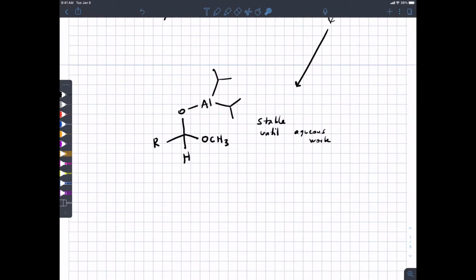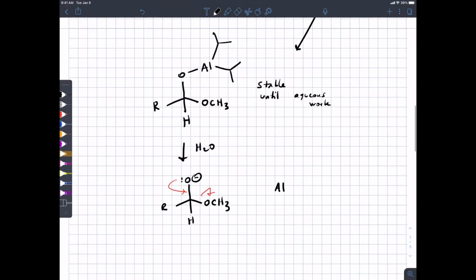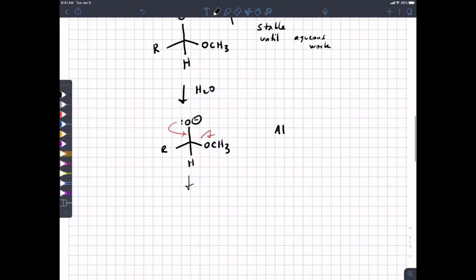And so in the presence of water, you can break the oxygen-aluminum bond. And now when you have a full negative charge on that oxygen, you can kick off the ester carbonyl compound to get the aldehyde.